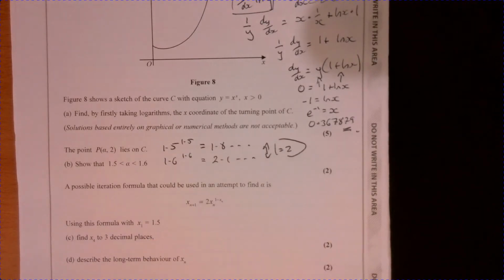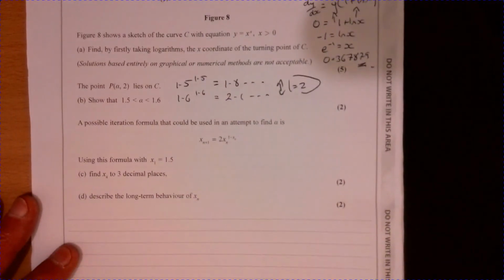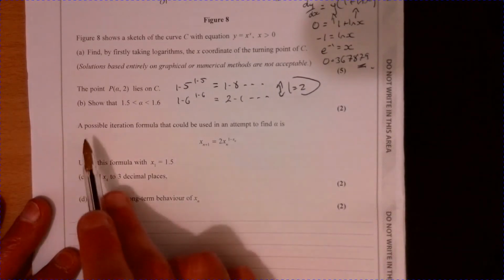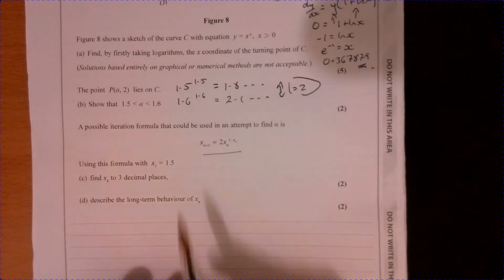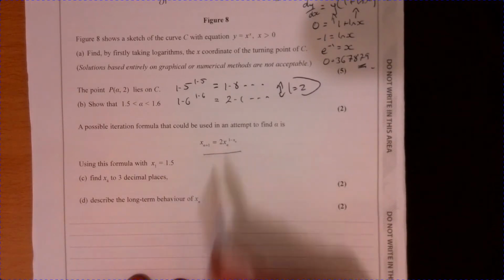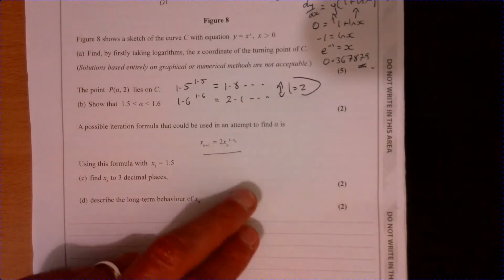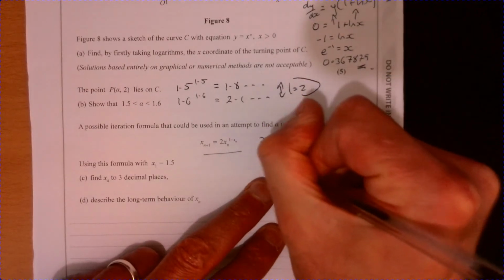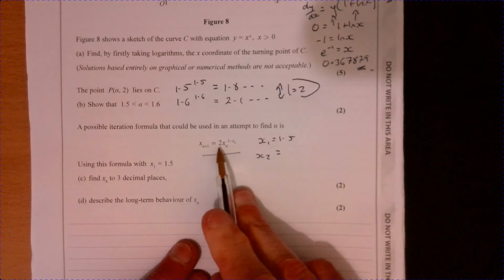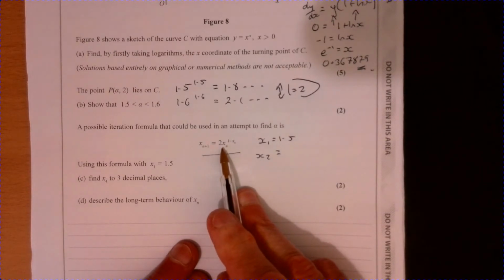Now part C is talking about using the iteration formula it's given me. I just pop 1.5 into here. So x1 equals 1.5, then x2: all you're doing is putting it into the formula.